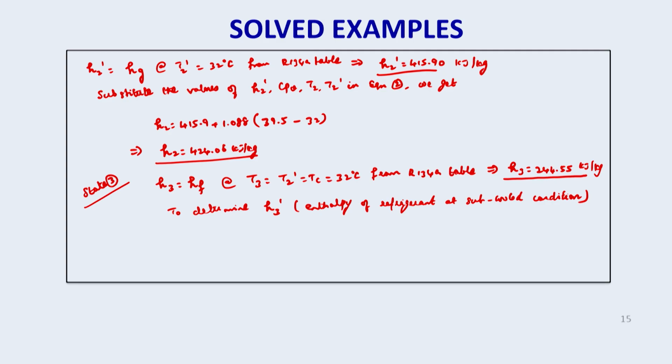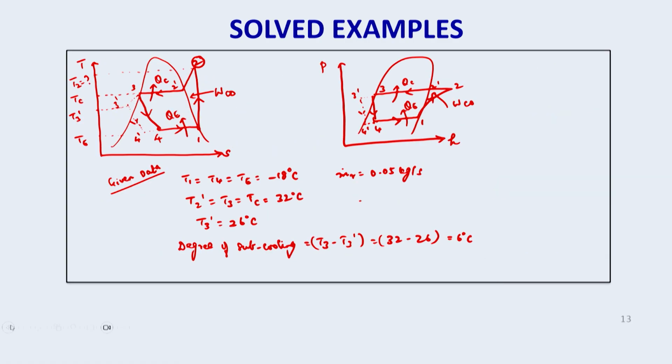Similar to the empirical relation used to determine the enthalpy of superheated vapor, I will be writing an empirical relation to calculate the enthalpy of refrigerant at subcooled condition. The subcooled enthalpy, state 3 dash, H3 dash we need to find.